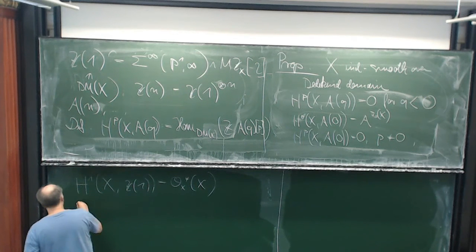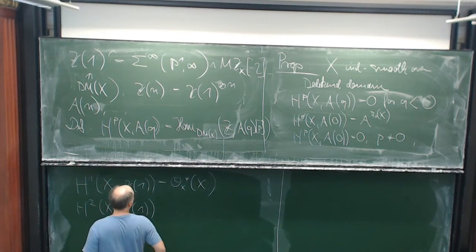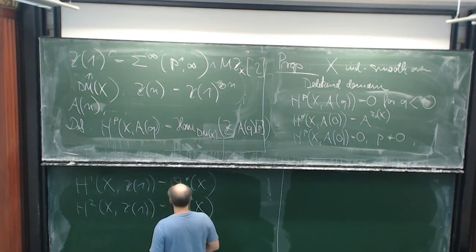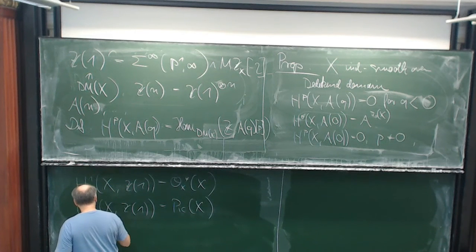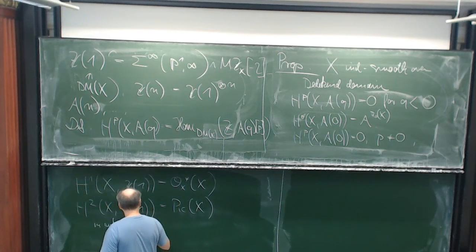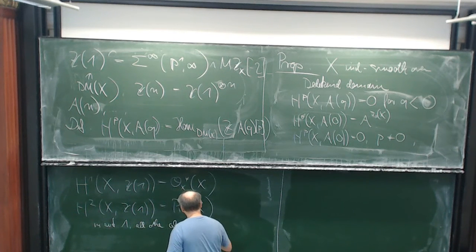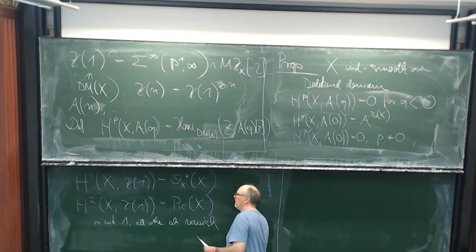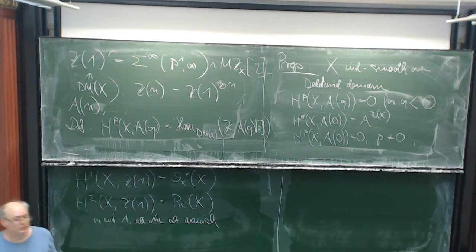And of course, in the next degree, we somehow must get the Picard group, because this is cohomology. So then you get here the Picard group, and all other cohomologies vanish. But we also know certain vanishing properties for high cohomological index.